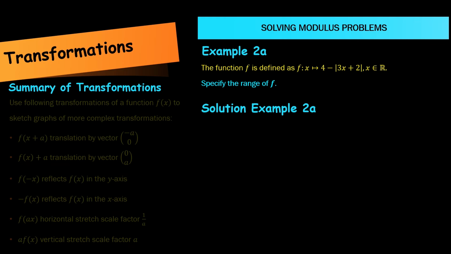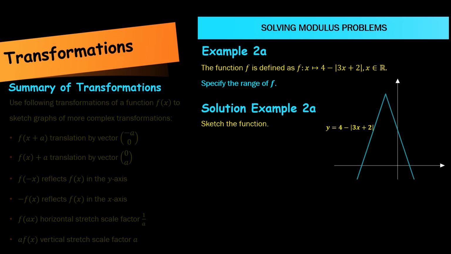So let's solve this. We're going to begin by sketching the function. This isn't actually required for the question, but it will give us a feel for what we're required to do. So here's our sketch. Now f of x equals 4 minus mod 3x plus 2. In order to find the smallest or the largest value of this function, we need to look at the smallest or largest value of mod 3x plus 2.